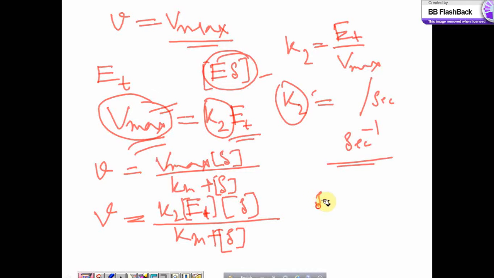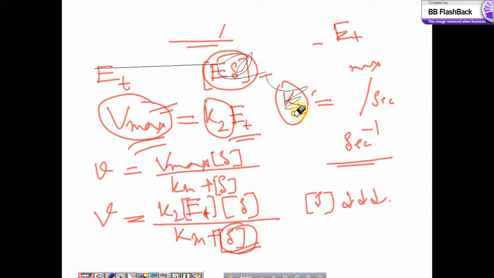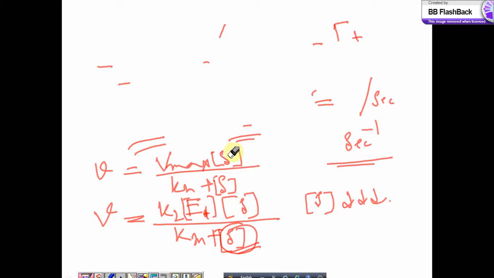Now when the substrate concentration is very low, you can always ignore this part, Km plus S. Let me make some space so that I can write down here. Okay, this is my pen.